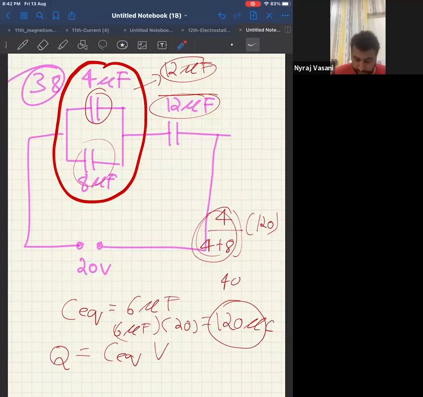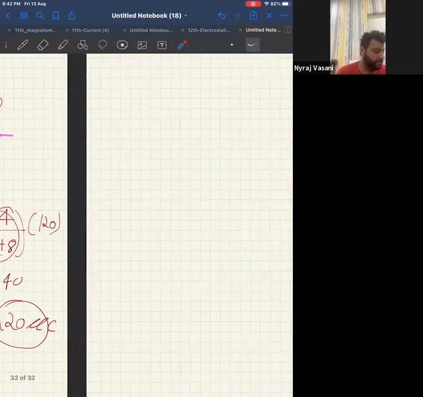Question 41. It is a simple simplification of series and parallel. Start and tell me what will be the answer for 41. Give me the answer.